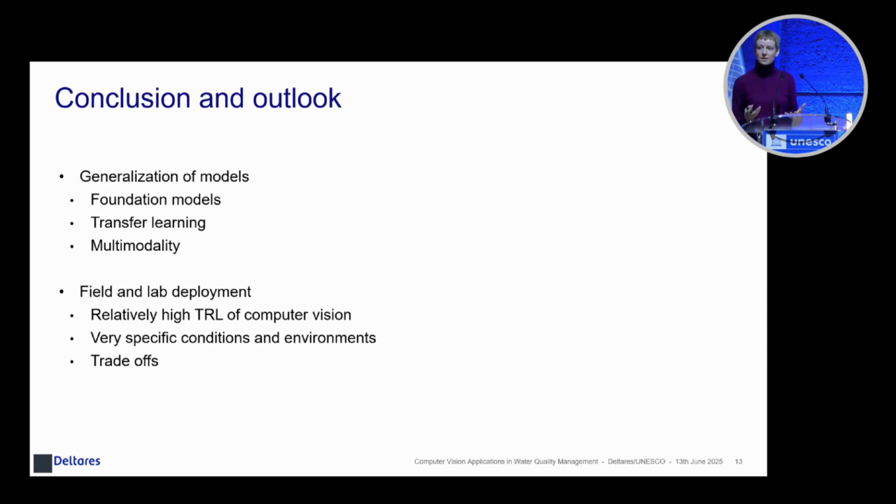Looking ahead, these models can be tested very well in field and lab deployments, where computer vision has quite a high TRL, technology readiness level, but the constraints coming from these specific settings, like we saw in the flume experiment, still require trade-offs in scalability, practicality, and robustness.